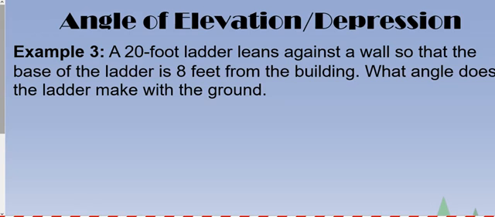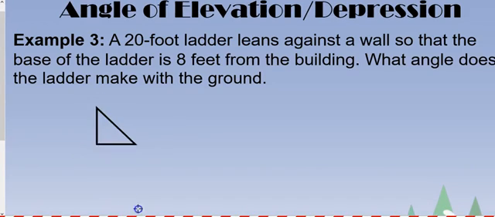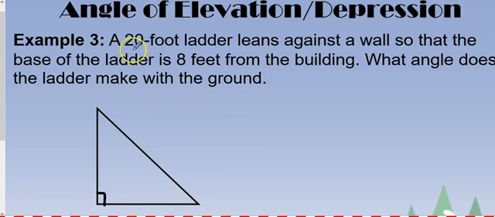Okay, last example here. I'm going to draw my triangle. And then I'm going to mark my question. So I have got a 20-foot ladder that leans against a wall.